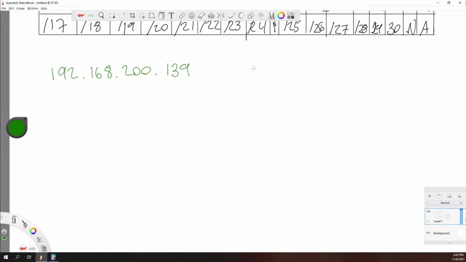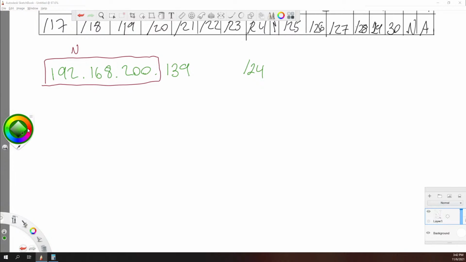So we're told that we initially start off with a /24. And that makes life really easy, because if you start off with a /24, it basically says that portion is the network, and this portion is our host.